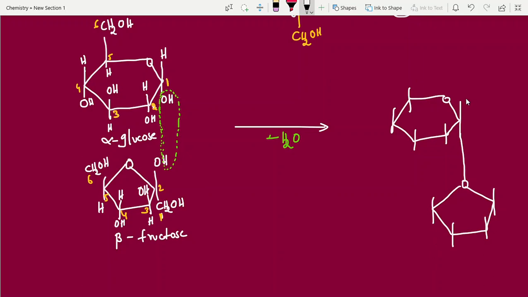This is hydrogen. No change, right? This is the glycosidic linkage, oxygen.